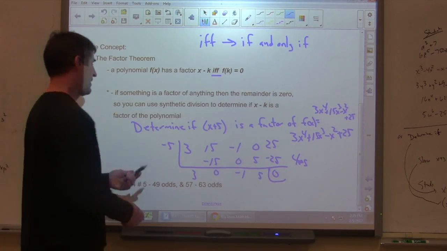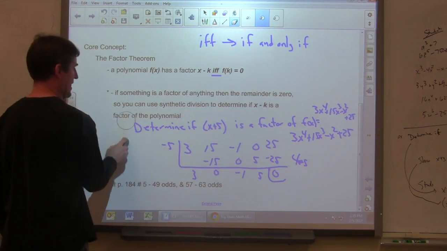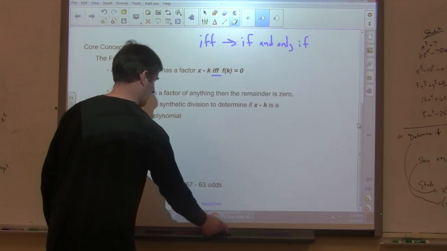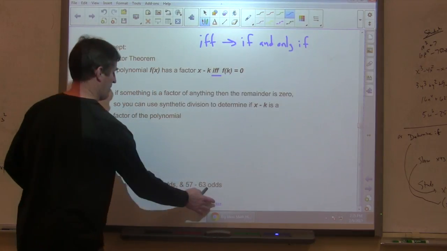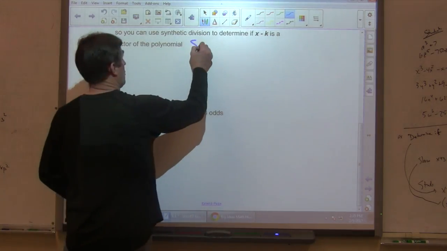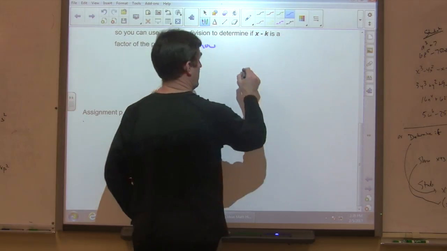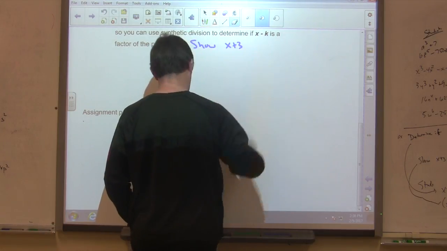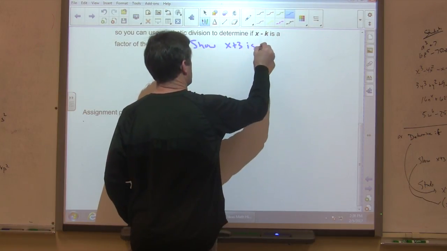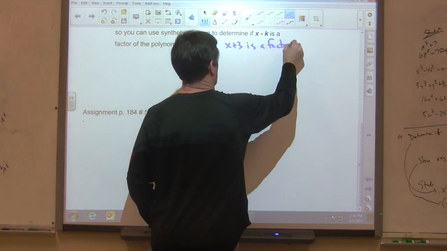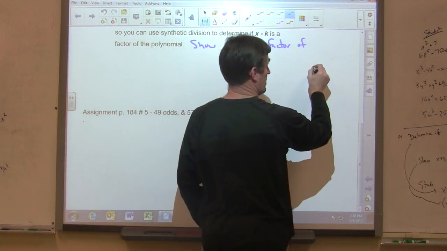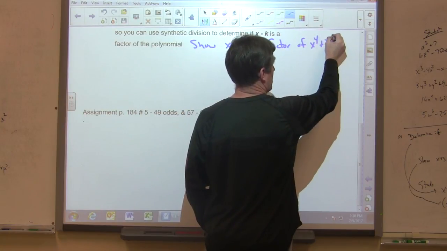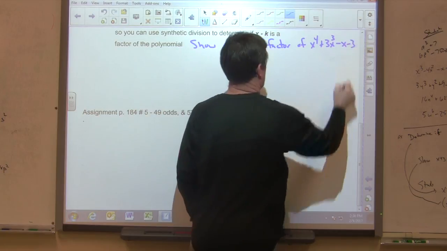Okay? And then the other thing they're going to ask us to do on this is the same type of thing, but it'll be worded a little bit differently. It's going to say, show x plus 3 is a factor of x to the 4th plus 3x to the 3rd minus x minus 3.